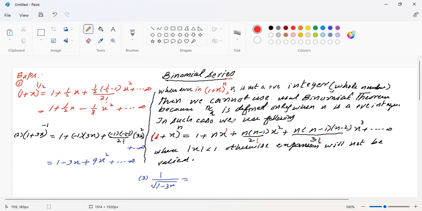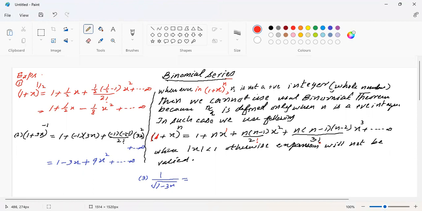In binomial expansion, you know there are limited terms depending upon the value of n. The number of terms is one more than n. But in binomial series, the terms are infinite. This is the first difference. The second difference is that n is not a positive whole number.